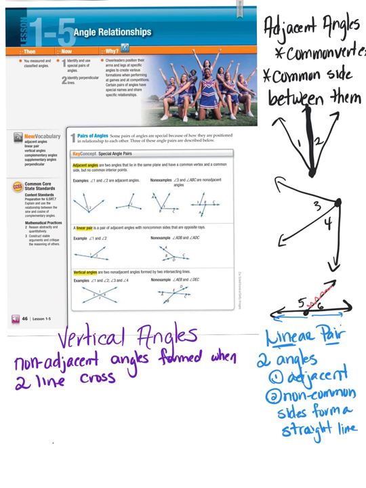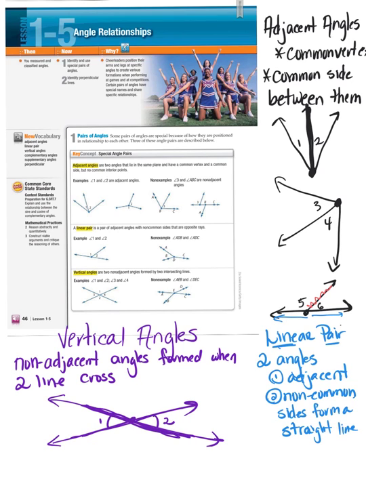Okay, so let's make crisscrossy lines. Vertical angles would be like angle 1 and angle 2. They are vertical angles. They are non-adjacent. They're not side by side, but they still have the same vertex. And see, the same line forms one side of one, and then another line forms the other side.